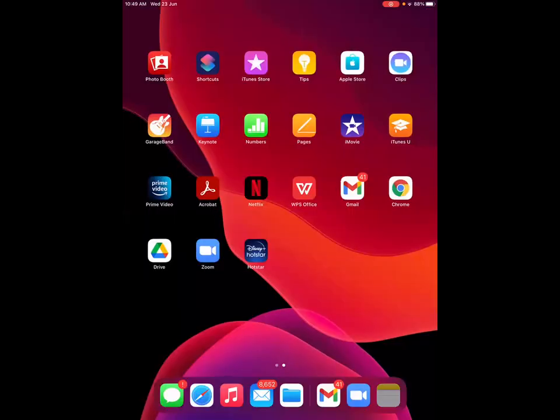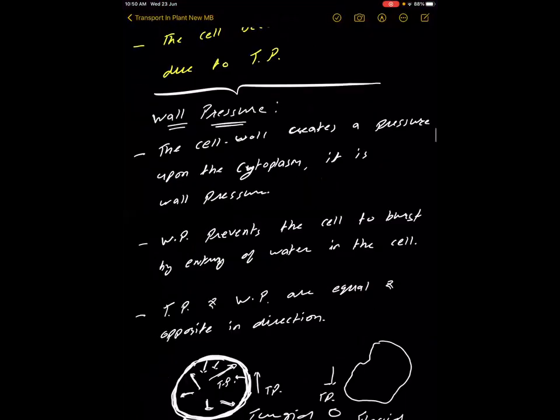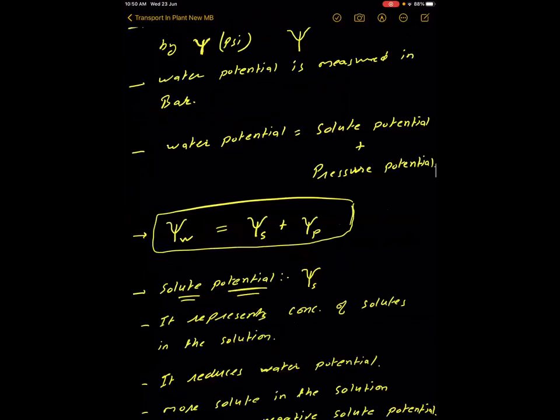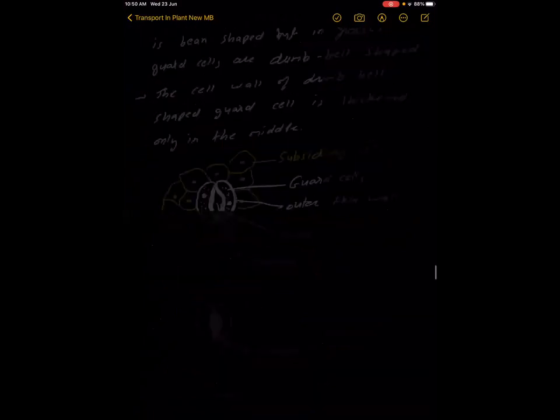Okay. So according to Munch, phloem is the responsible tissue for this translocation.